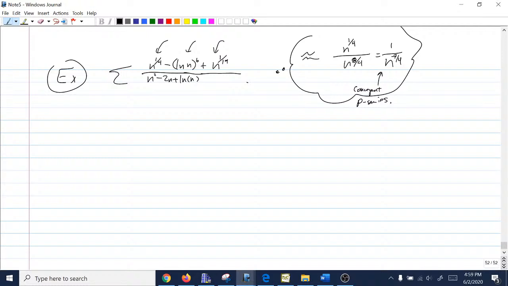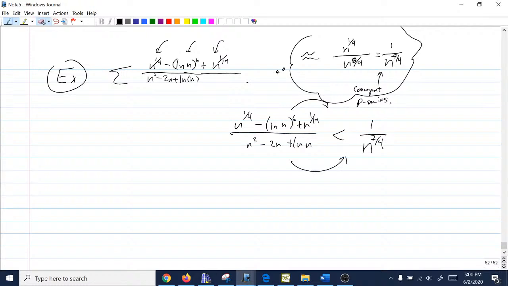Here's a low-level way of thinking about it. The way we've done things like this in the past was to say, I hope that this is less than this. Is that fraction less than this? To make the fraction less, we want the top to get bigger and the bottom to get smaller. But let's not reduce that 1 over n to the 3/4.